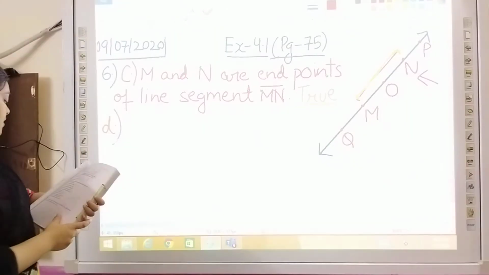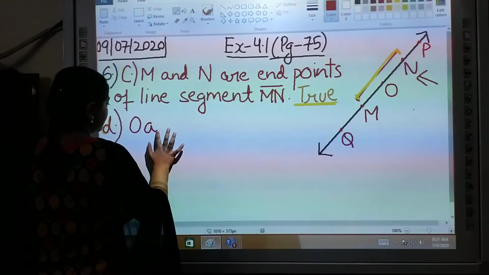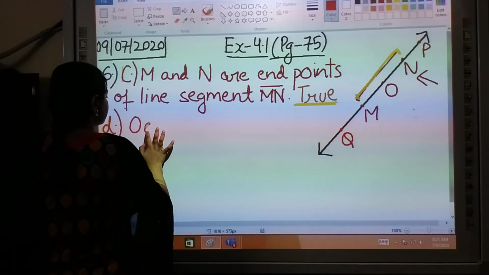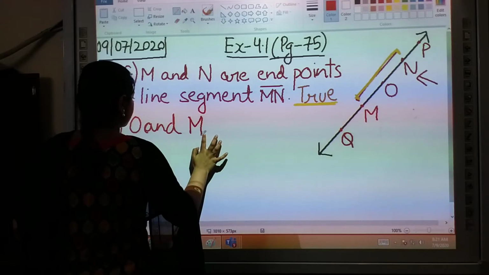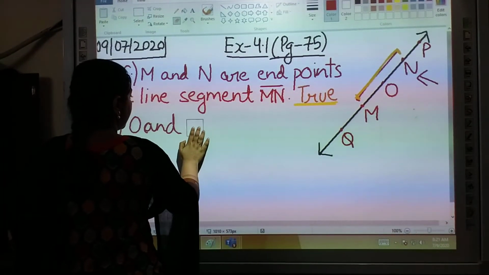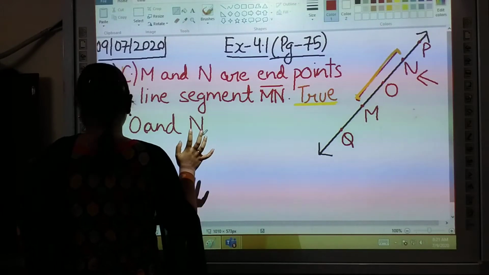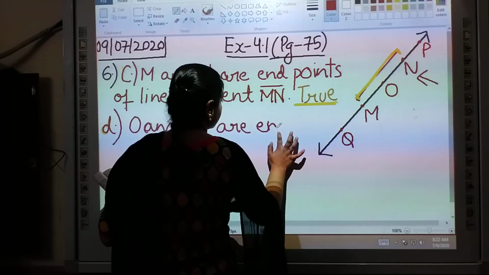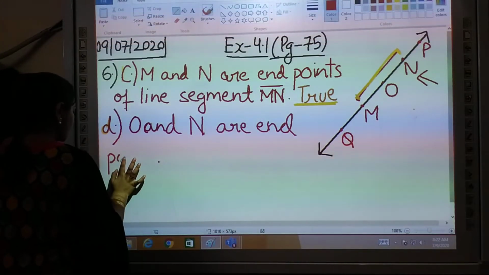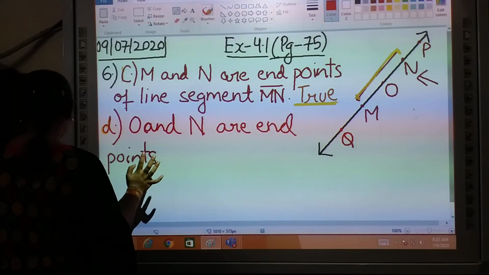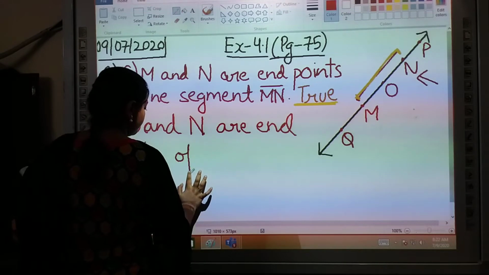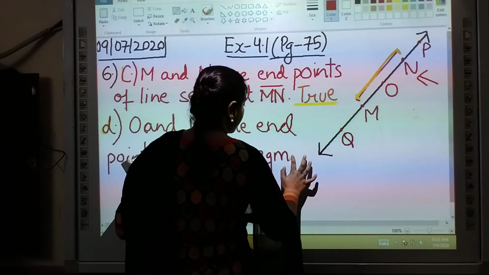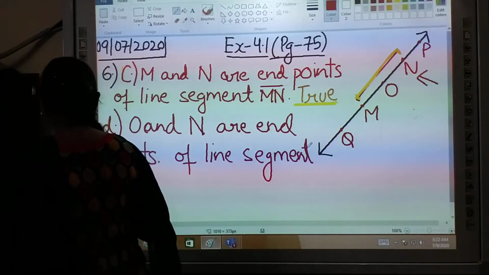Now we are taking point D. Point D is saying that O and N, sorry, it is not M, it is N. O and N are endpoints of line segment OP.